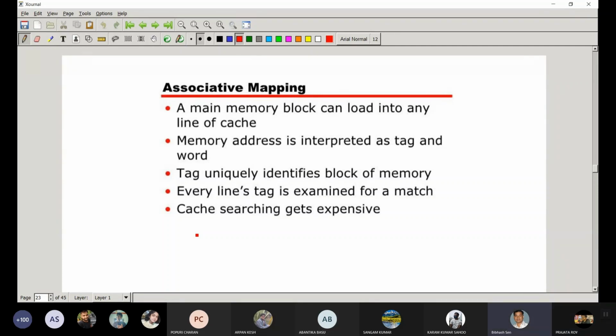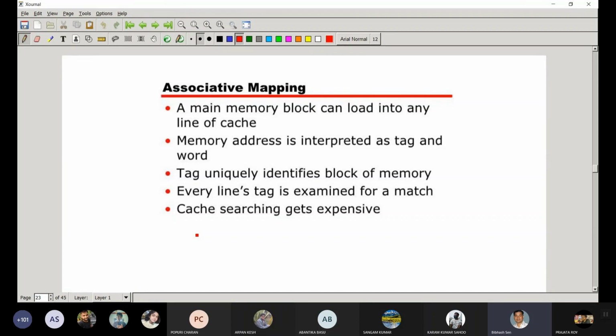Actually, since there is no breaking of the main memory address, in direct mapping, whenever a main memory block is loaded into the cache, from the M bits you have to segregate the line number and also the tag. Only based on the line number do you go to the cache memory to store it at that location, and the tag directory will be updated.